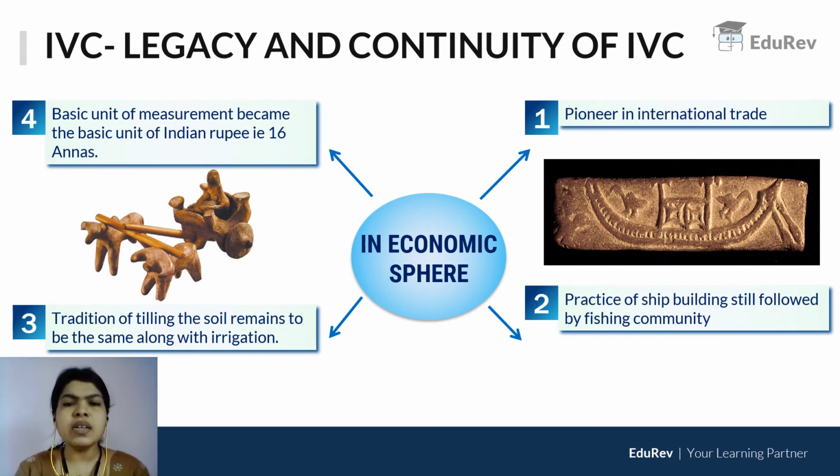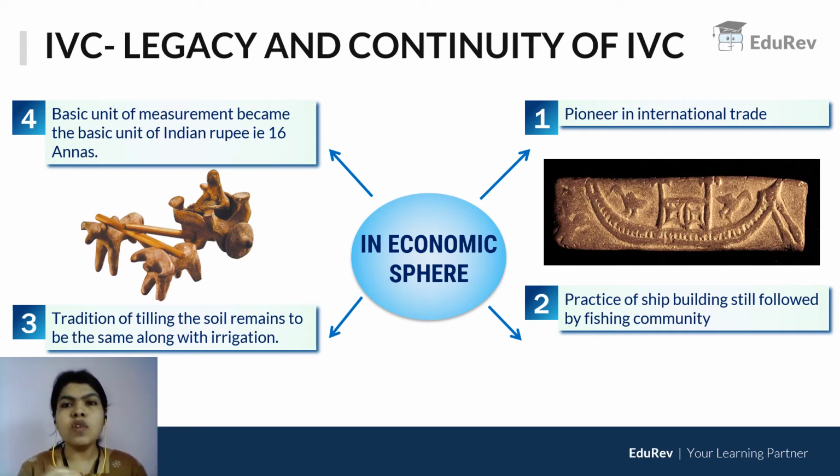And then in the economic sphere, they are said to be the pioneers in international trade. A lot of seals show that the practice of shipbuilding existed at that point in time. The tradition of tilling the soil and irrigation has been followed even till today.